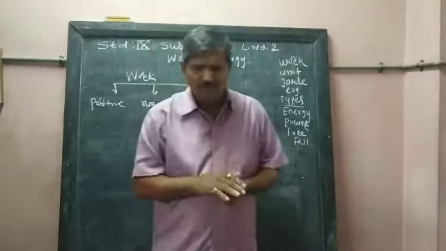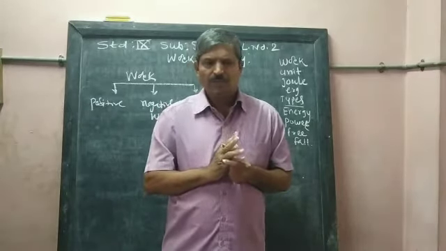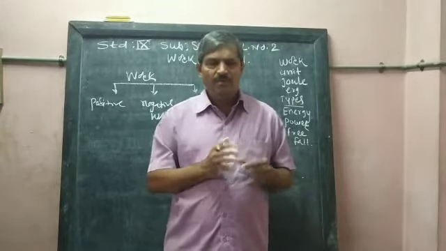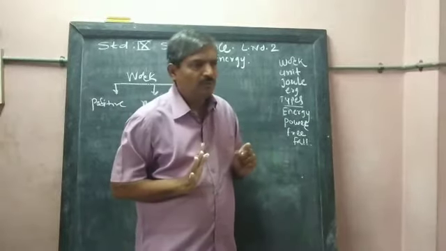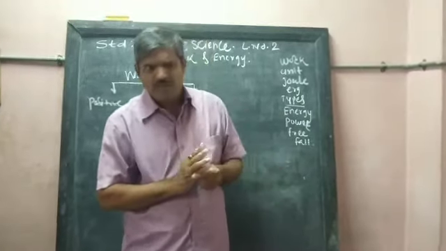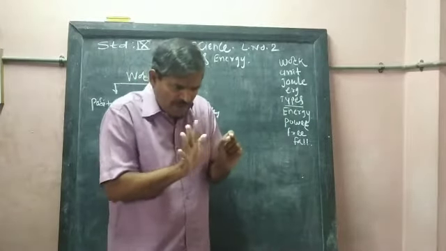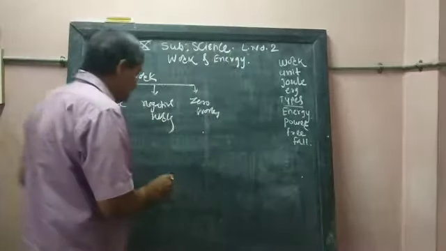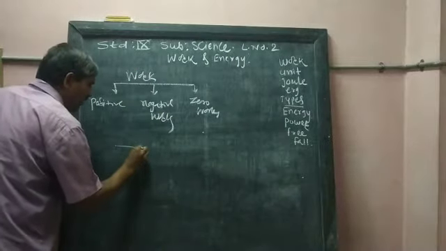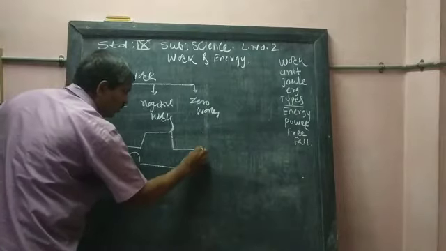Again we will go to the example that there is one vehicle, a car which does not move by itself. Then we have to push it to take it in the forward direction or to the side. Suppose I want to push it in the forward direction, and this car is pushed by me or you.